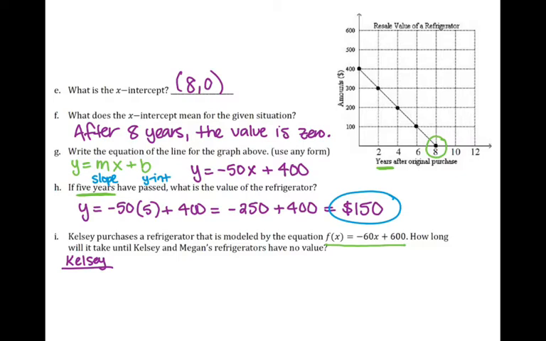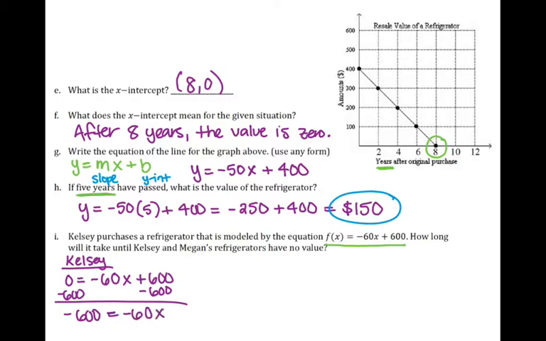So I'm going to set this equation equal to 0. So I have 0 equals negative 60x plus 600. I can subtract 600 from both sides. That gives me negative 600 equals negative 60x. So x equals 10 years. Kelsey's refrigerator will have value up until 10 years.